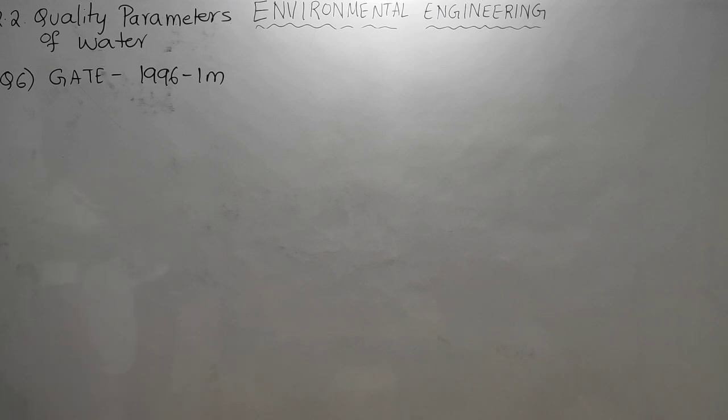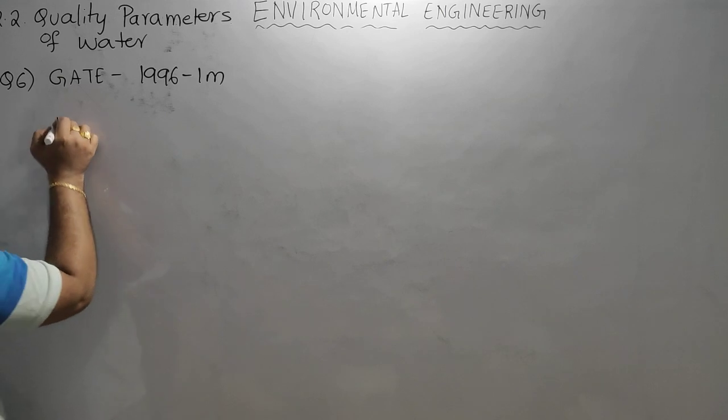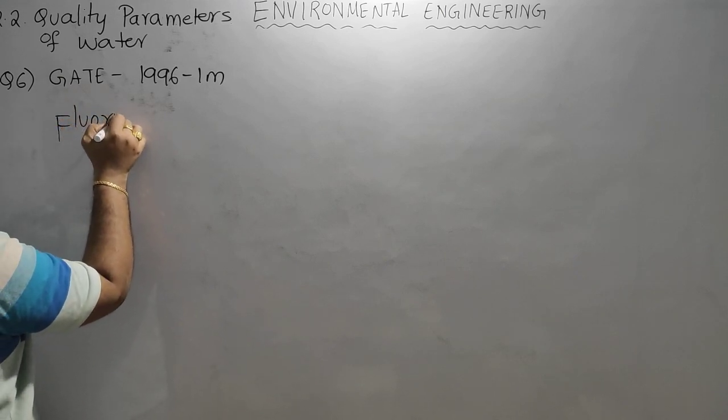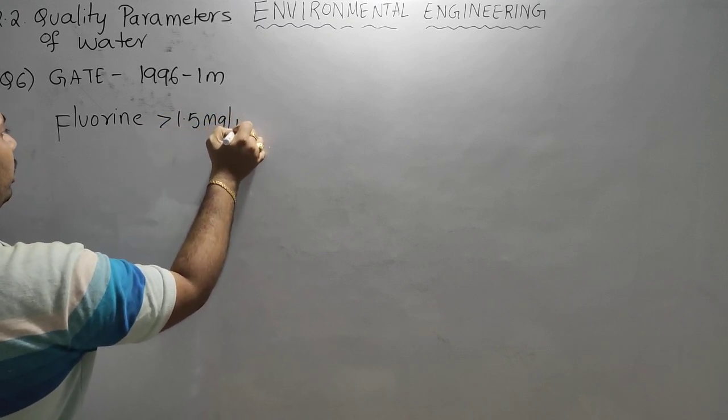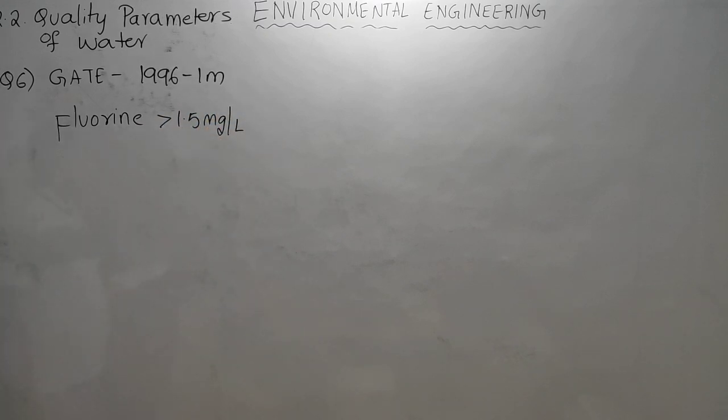Presence of fluoride in water greater than the permissible level of 1.5 mg per liter causes... obviously it reacts with the calcium present in teeth as well as bone. If it is more than 5 mg per liter, it also reacts with bone and causes bone fluorosis. And if it is just greater than 1.5, it causes dental fluorosis.